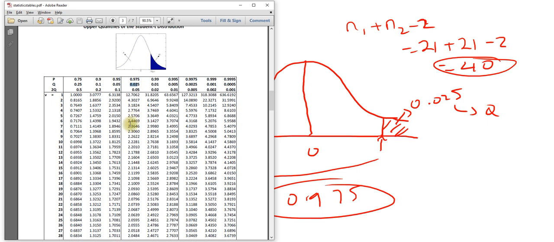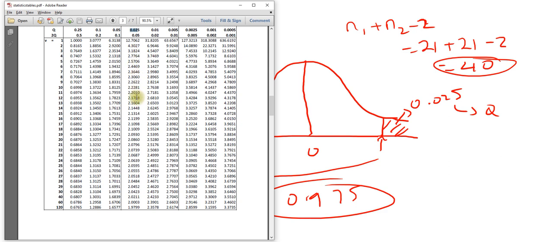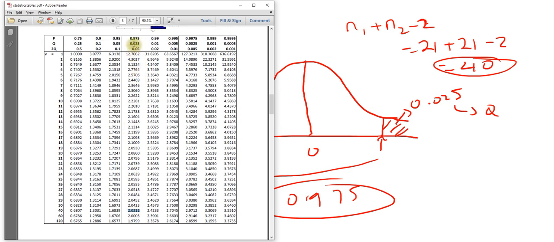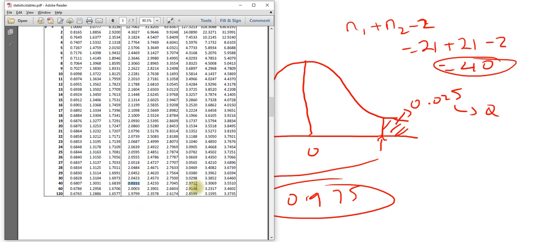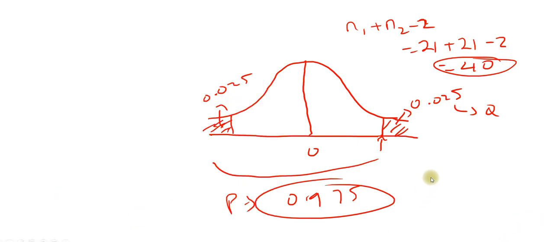And then you need to look for the degree of freedom which is 40, and the value there is 2.0211. All right, 0.025, 2.0211. Okay, so this is 2.0211, which means that this is negative 2.0211.